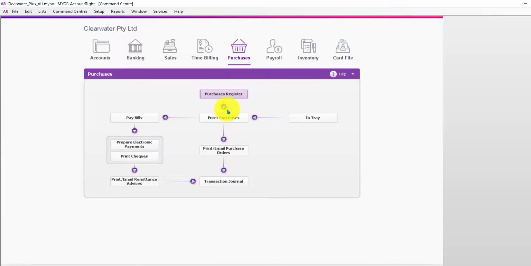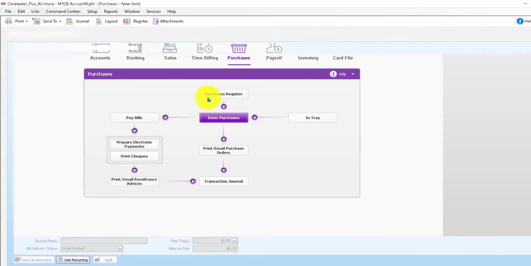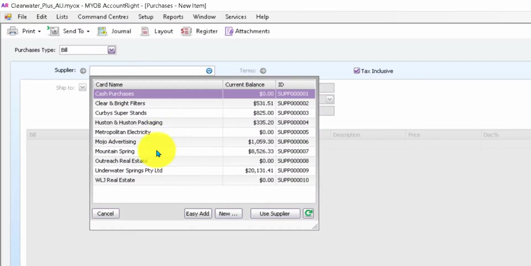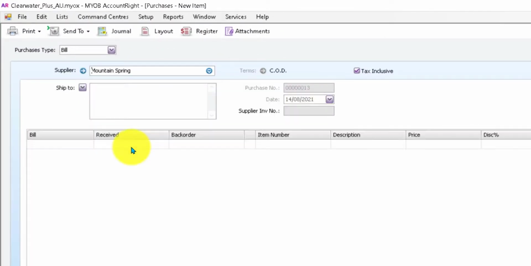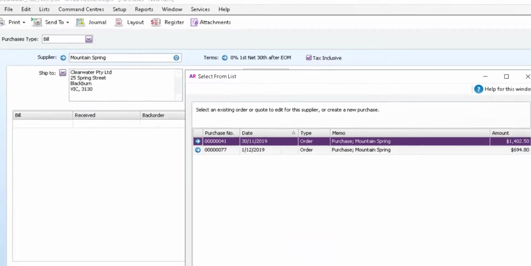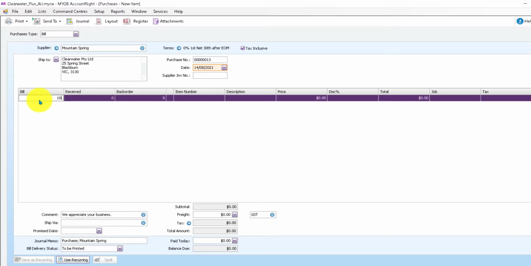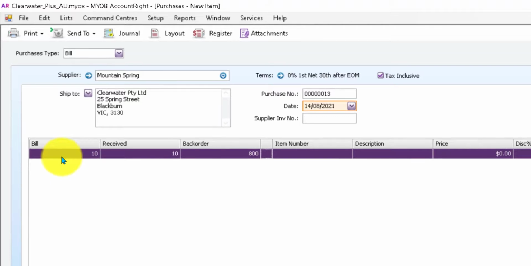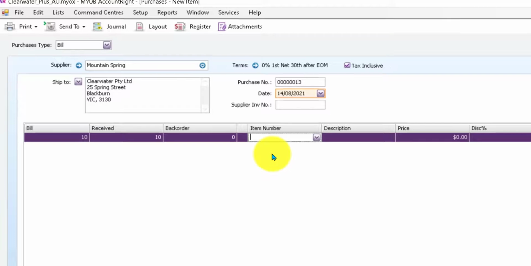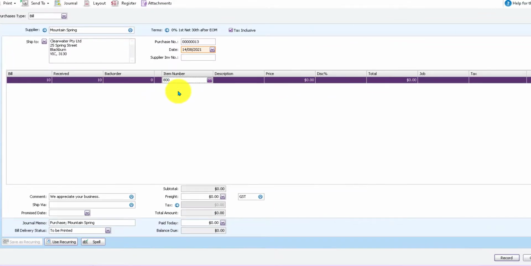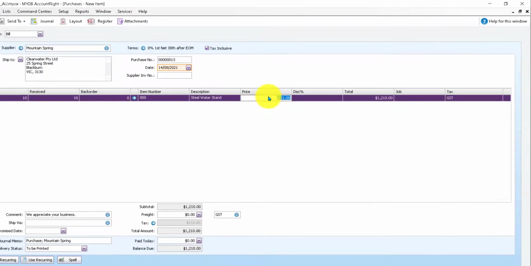Okay, so let's enter a purchase and let's choose Mountain Spring, and they've got some orders on hand, but we're going to ignore that. So let's put 10 items, 800, and it's going to be $110, our first purchase price.